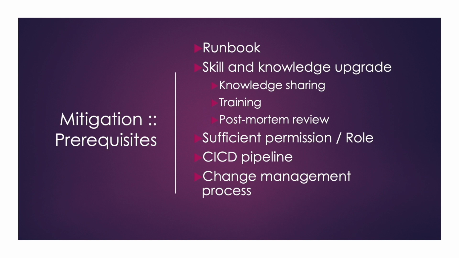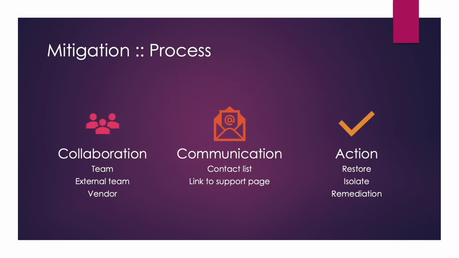And for the process, for the mitigation, it's a common process like the collaboration within the team or external team or with vendor, and creating the communication channel: how or where should we initiate the communication. So in Autodesk, on every production issue we should create a dedicated Slack channel with a certain format for the channel name.